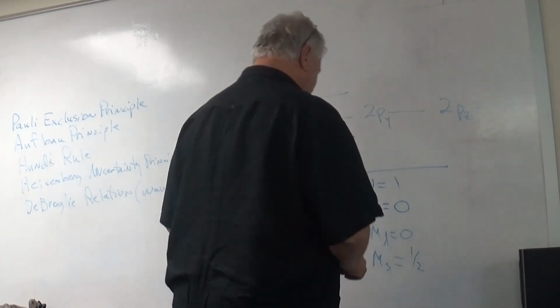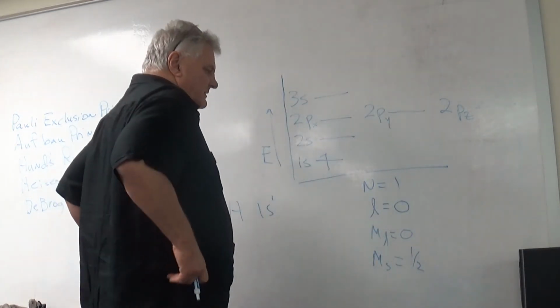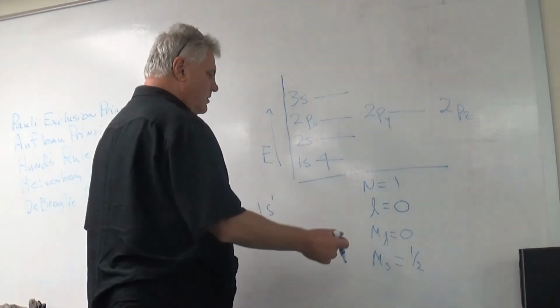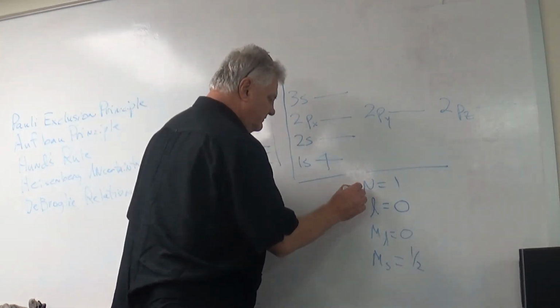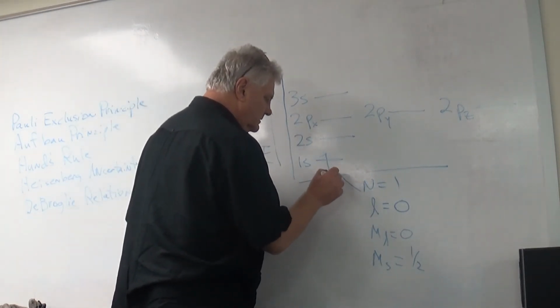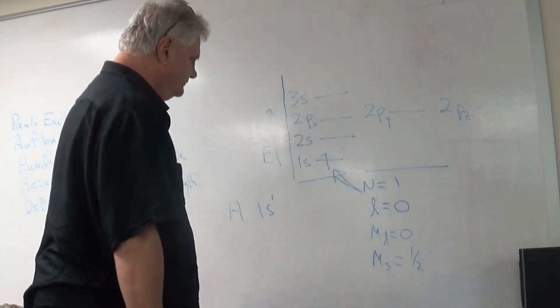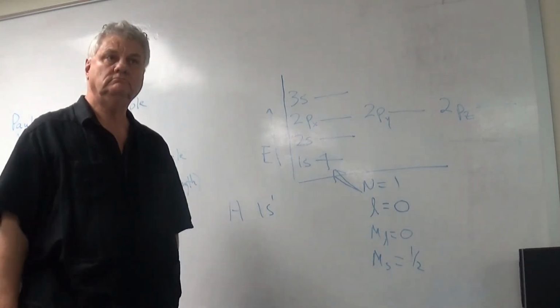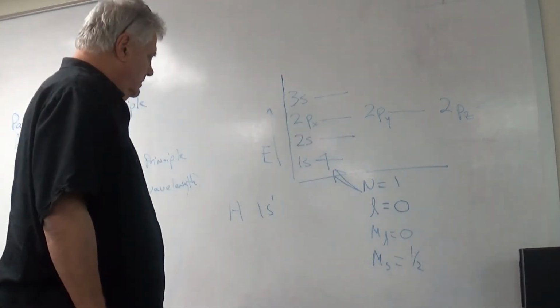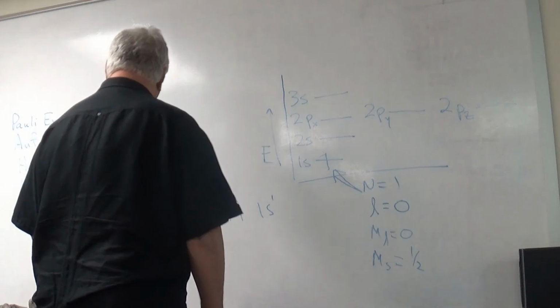And we're not going to belabor the point, but these are the 4 quantum numbers for this first electron that hydrogen has. Okay? Then we say it's in a 1s orbital.